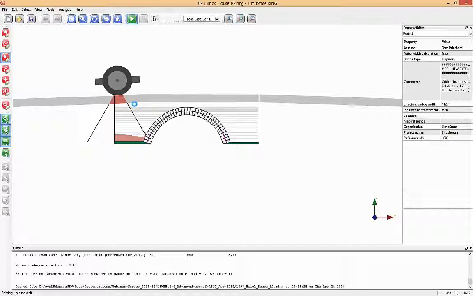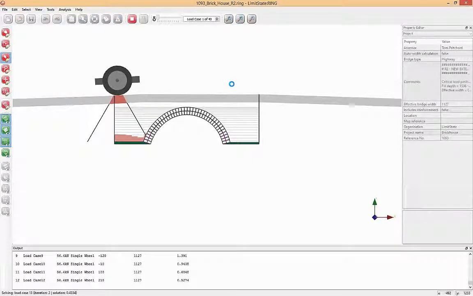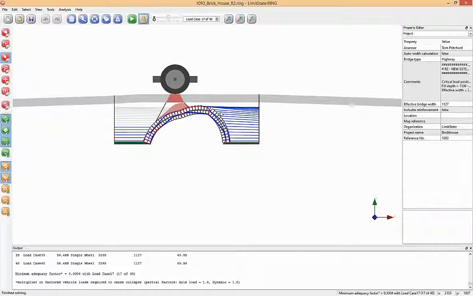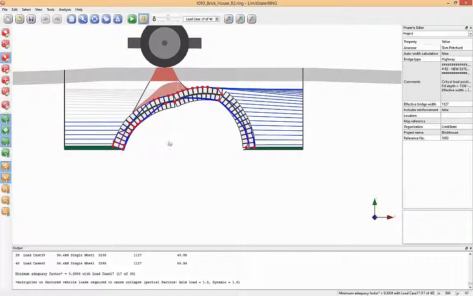So when I click solve, the analysis has been carried out at a number of locations, and when the software finds the position with the lowest load factor, it will show me that, and I'll get an understanding of what the value of the adequacy factor is.